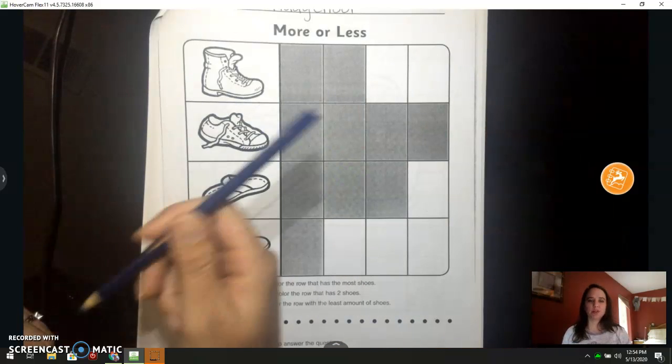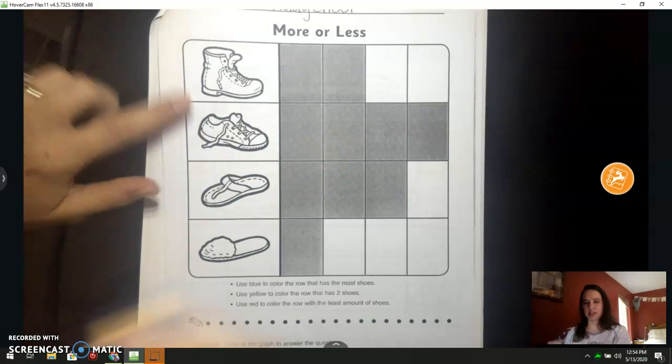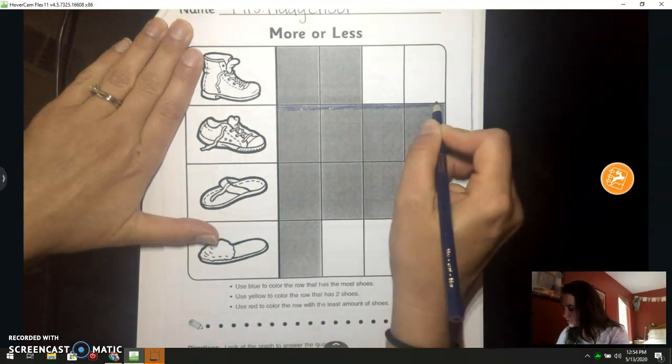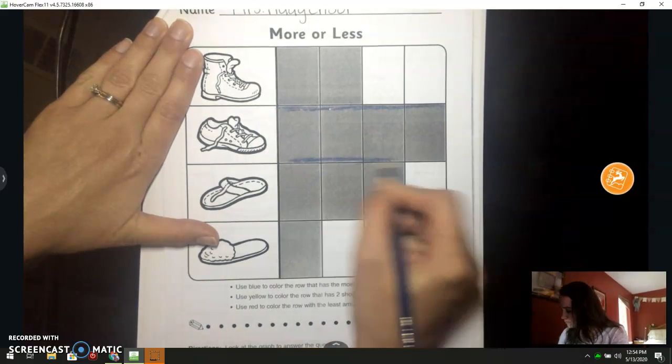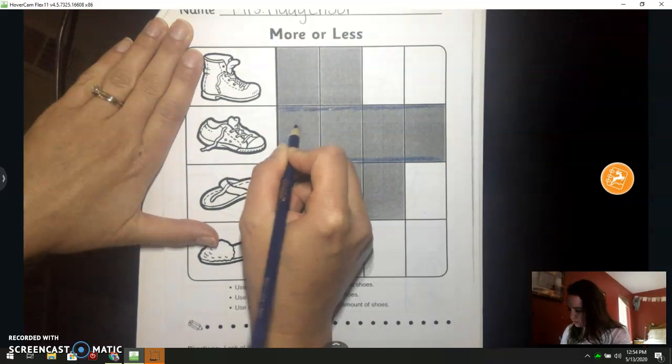So use blue to color the row that has the most shoes. Which one had the most? Which row is the longest? Yes, sneakers. So I'm going to color that whole row across blue. Please color your row blue with me.